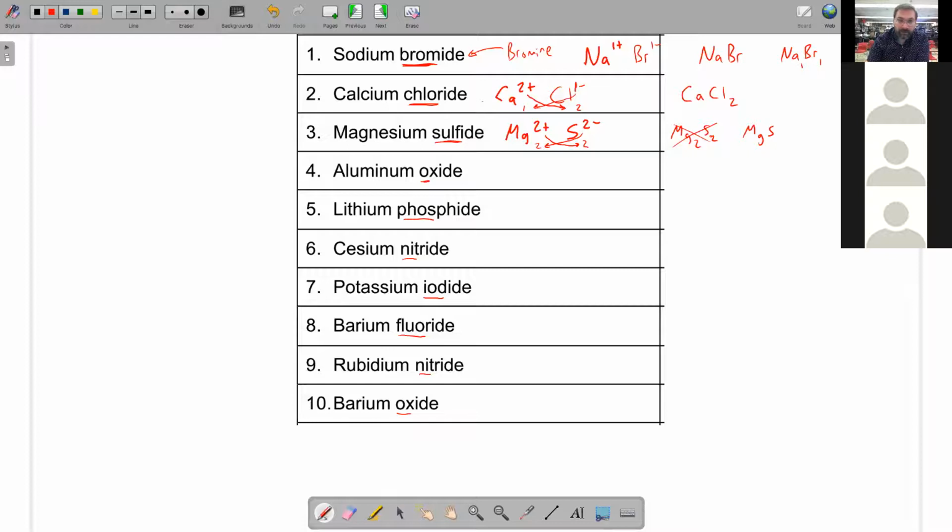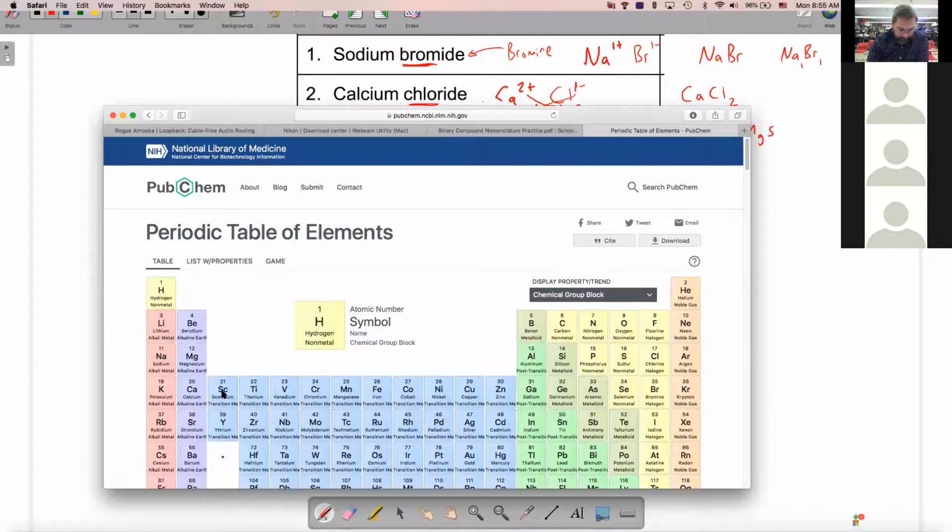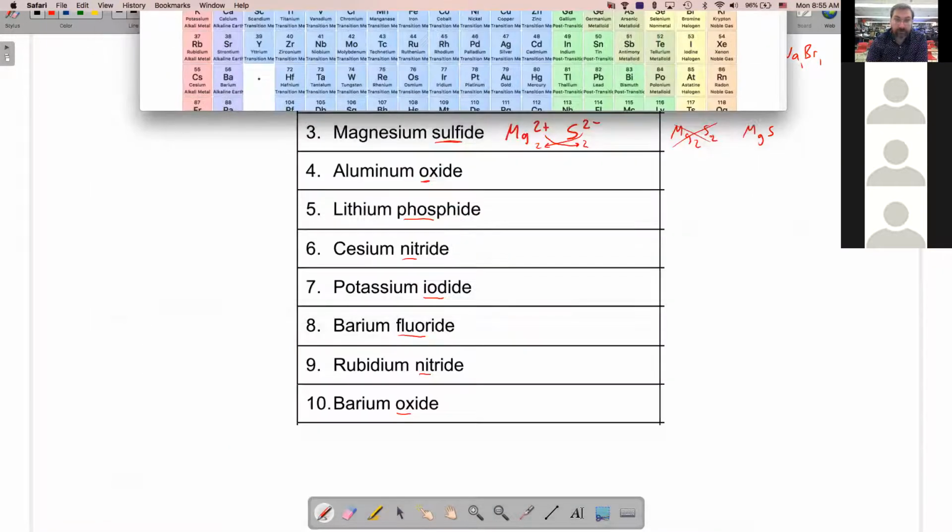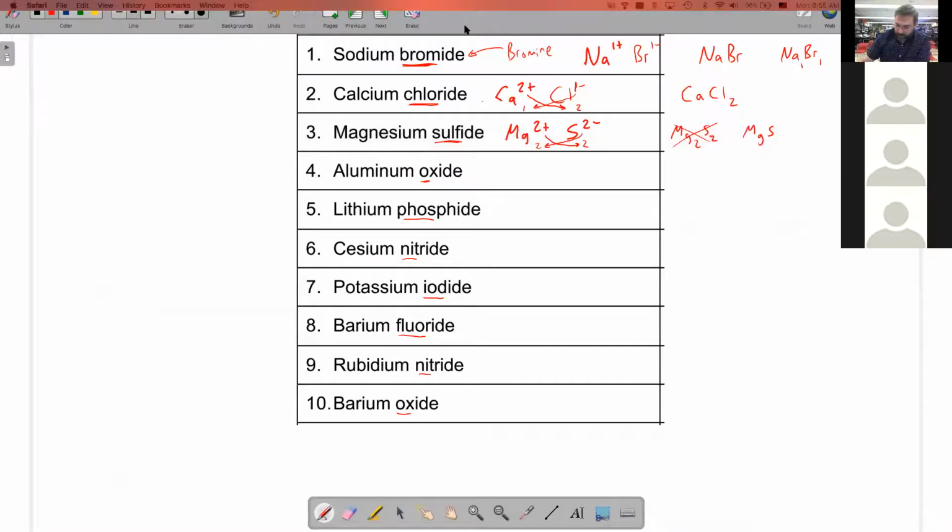Here we go. So aluminum oxide, we've got aluminum, which is in group 13 on the periodic table. It has atomic number 13, but has a charge as a cation of 3+, and oxygen has a charge as an anion of 2-. So we have aluminum, which is 3+, and oxide is from oxygen.